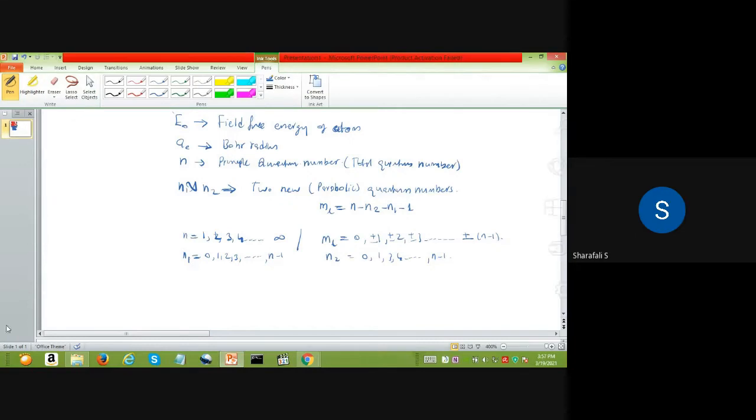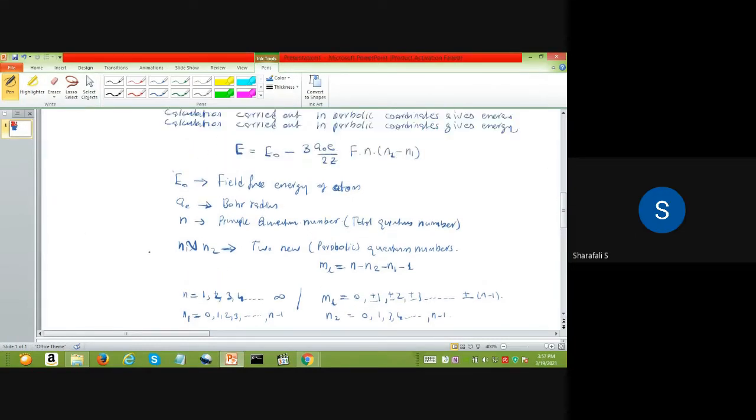So what we just discussed here is that we have first calculated the energy of the atom in the presence of an external electric field. That expression is given by this equation, E equal to E0 minus (3 a0 e)/(2Z) F times n times (n2 minus n1).